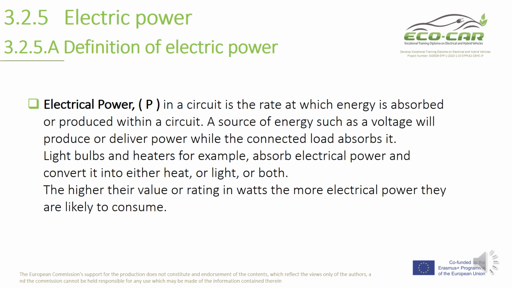Now we are in the fifth part of topic number 3 about the relation between voltage, current, resistance, and power. We know about the meaning or definition of electric power. Electrical power P in a circuit is the rate at which energy is absorbed or produced. So we have here absorbed or produced energy in the circuit.